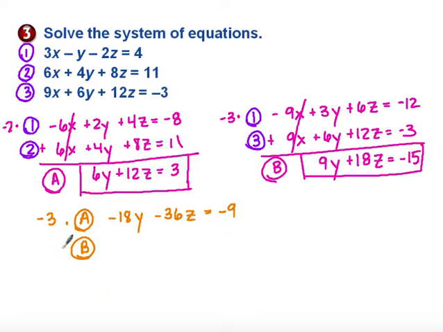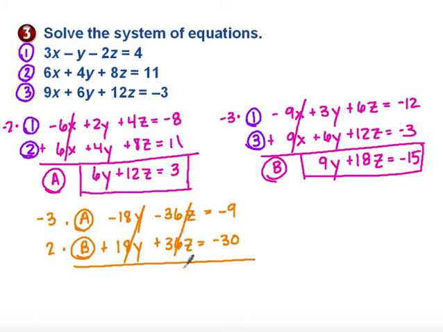I'm going to multiply the second equation by 2, so this time I had to multiply both. That's going to give me 18y plus 36z equals -30. And when I add these together, I end up getting 0 is equal to -39.